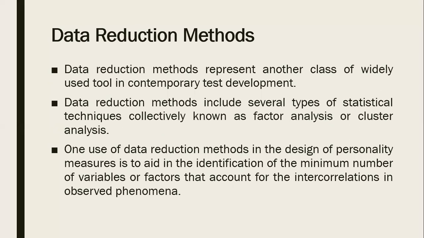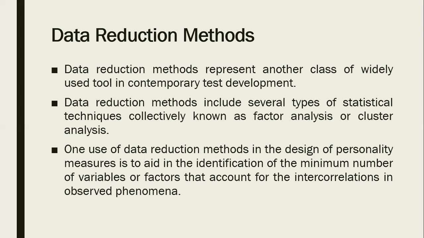Data reduction methods. Data reduction methods represent another class of widely used tool in contemporary test development. Data reduction methods include several types of statistical techniques collectively known as factor analysis or cluster analysis. One use of data reduction methods in the design of personality measures is to aid in the identification of the minimum number of variables or factors that account for the intercorrelation in observed phenomena.